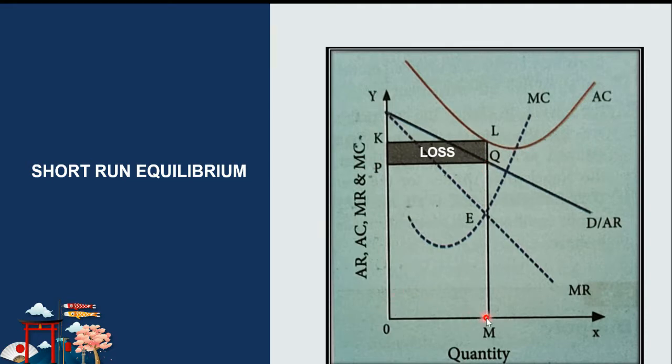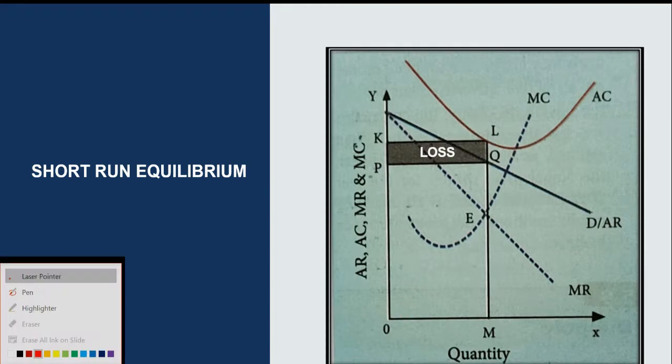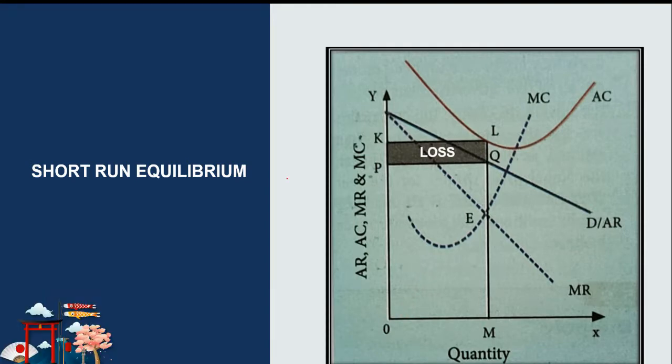So OM is the equilibrium output, and OP is the equilibrium price. So what is the total cost? Let me take the pen. What is the total cost?